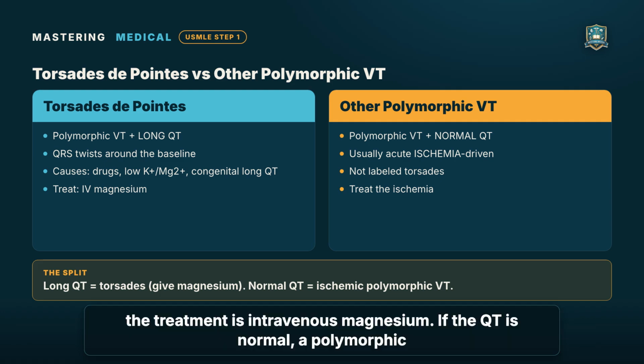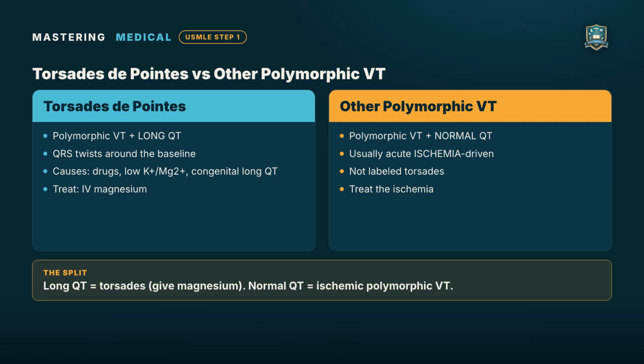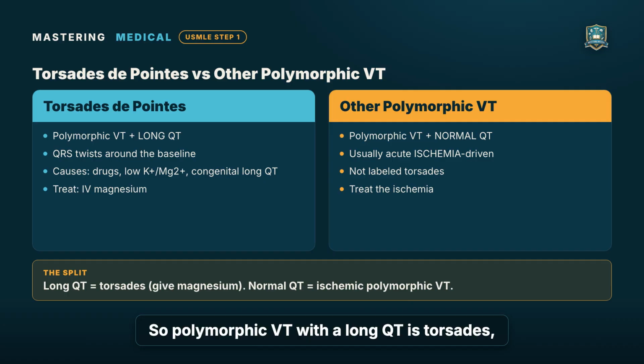The treatment is intravenous magnesium. If the QT is normal, a polymorphic VT is usually driven by acute ischemia, is not called Torsades, and you treat the ischemia. So polymorphic VT with a long QT is Torsades, while a normal QT points to ischemia.